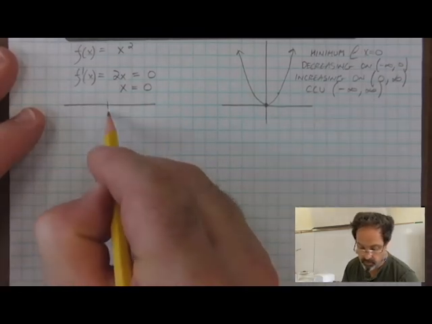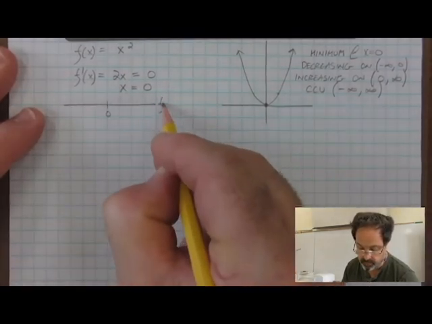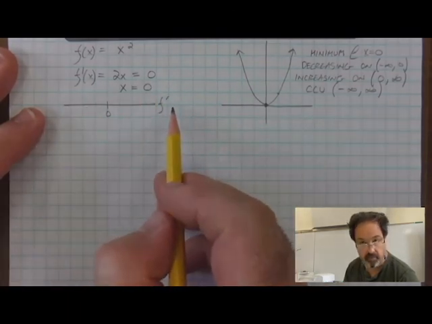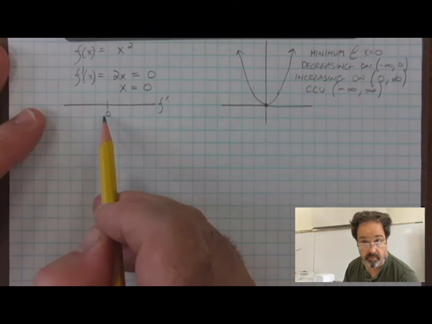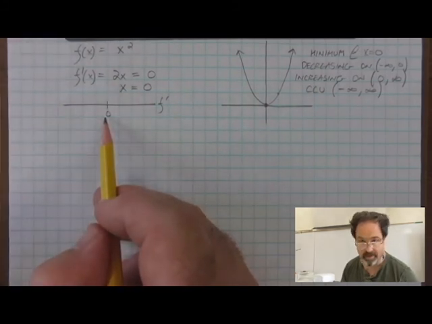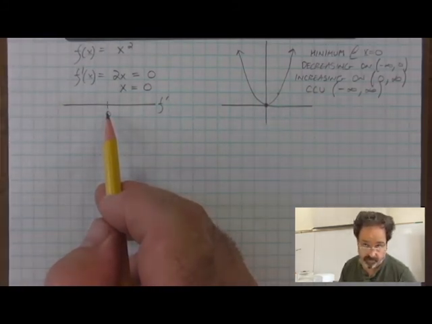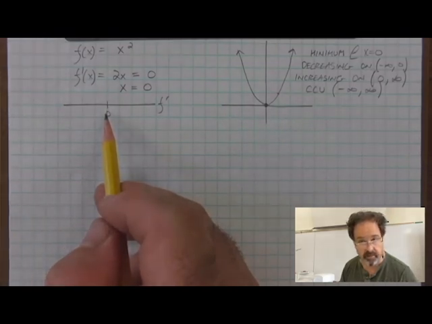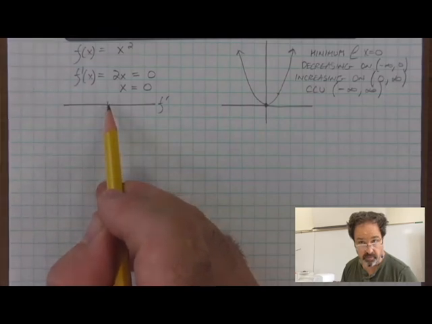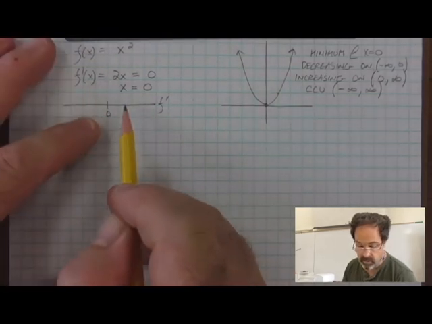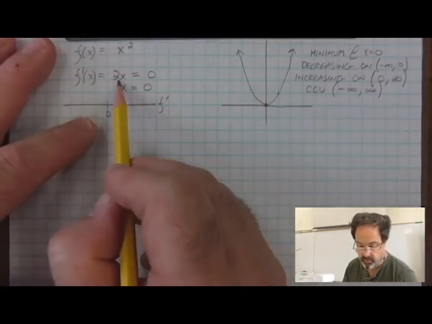I'm going to make what we call a sign line of the derivative. This is a number line, and I've placed the critical point 0 on the number line. I'm doing this so that I can analyze the sign, that means positive or negative, of the derivative before this critical point and the sign of the derivative after. I have the equation for the derivative.